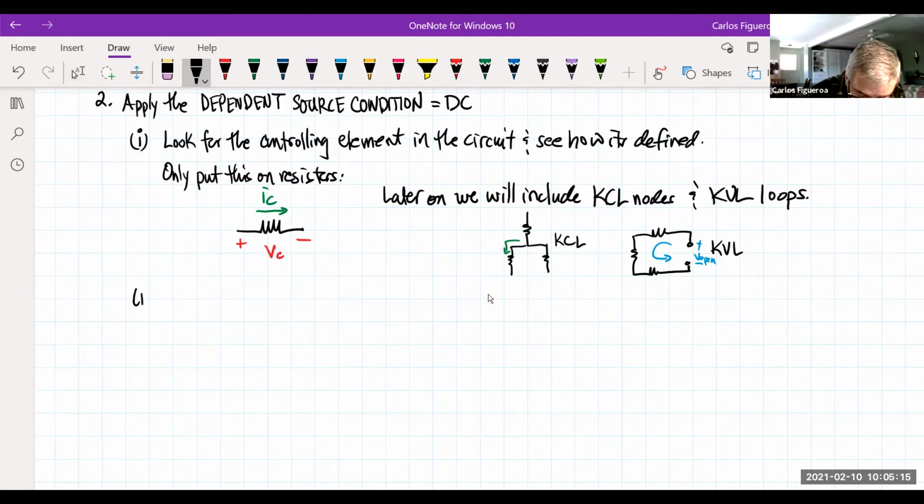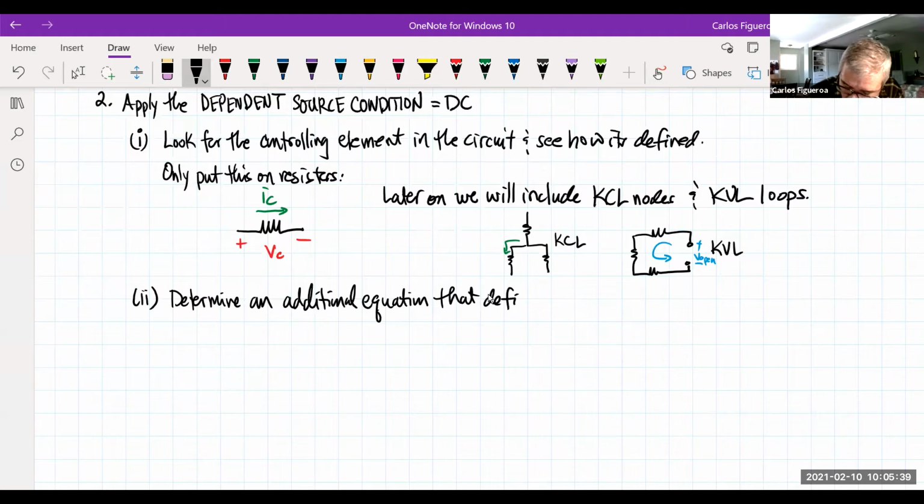So that means here that the next step is that now you have to determine an additional equation that defines the controlling variable.